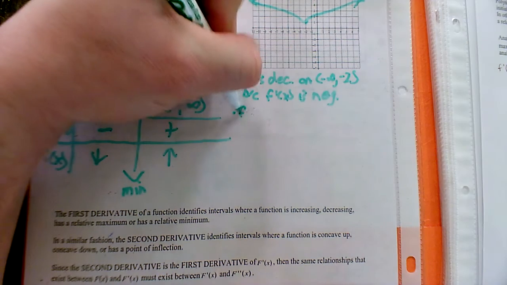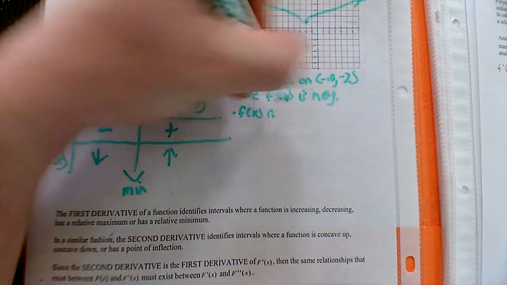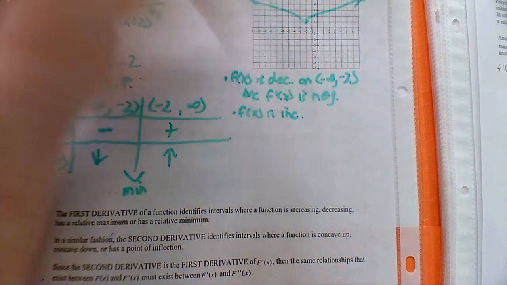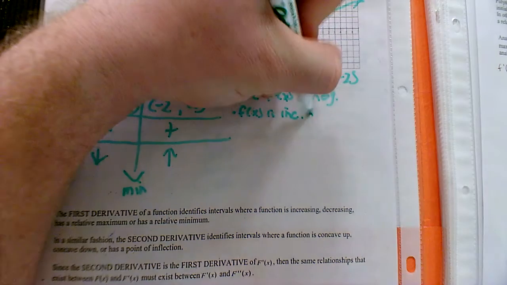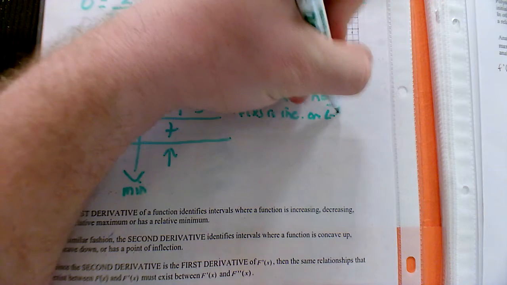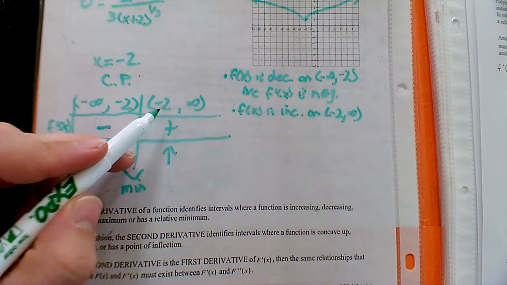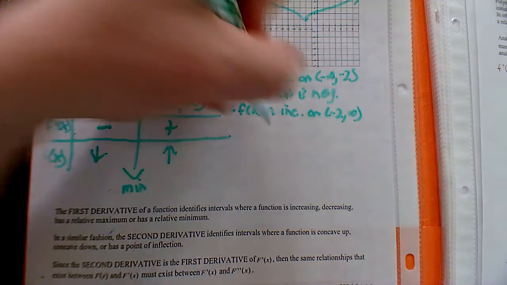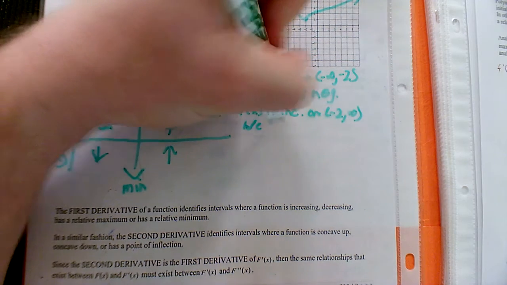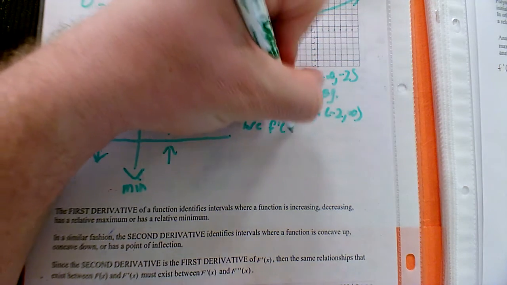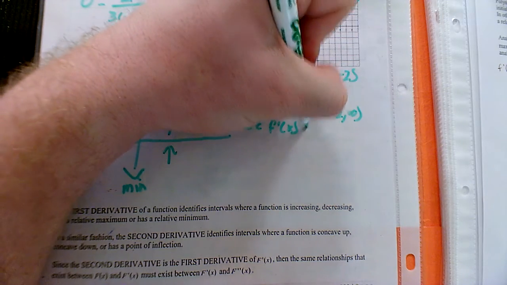We also know that f of x is increasing on the interval of -2 to infinity. This interval over here, it was positive because f prime of x is positive.